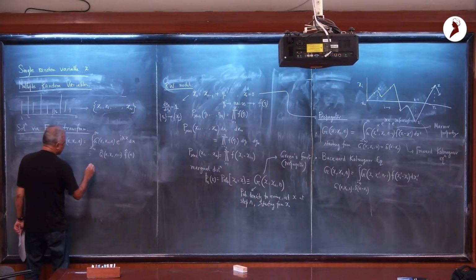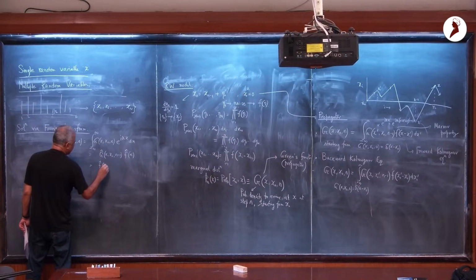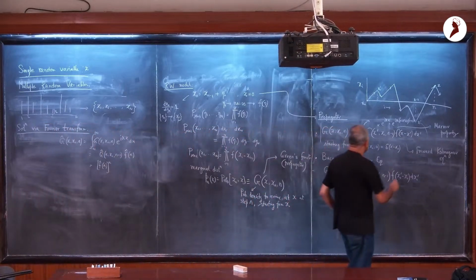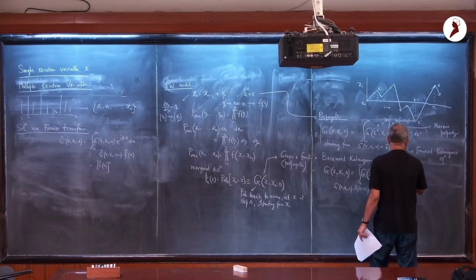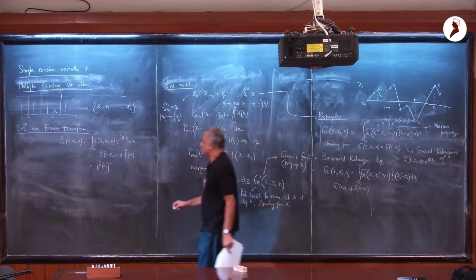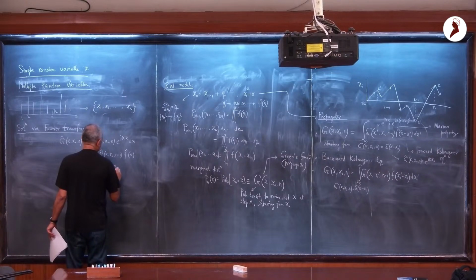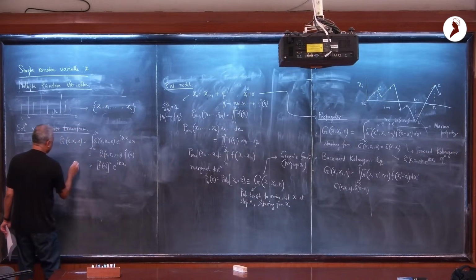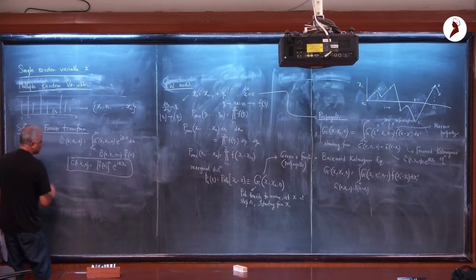And if I iterate again and again up to step n, and the initial condition is the delta function, the Fourier transform of the initial condition is just exponential i k x naught. So what you get is the following.